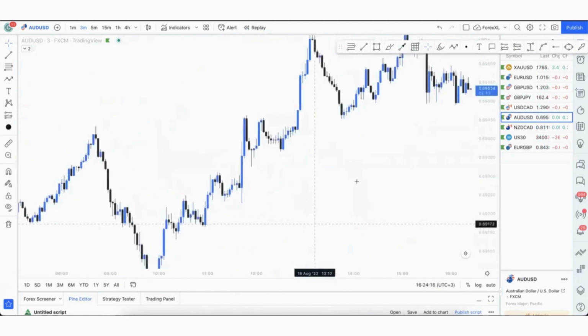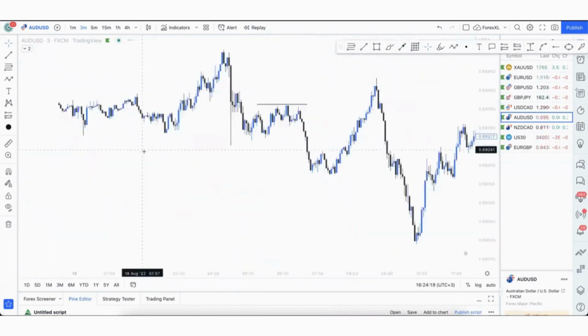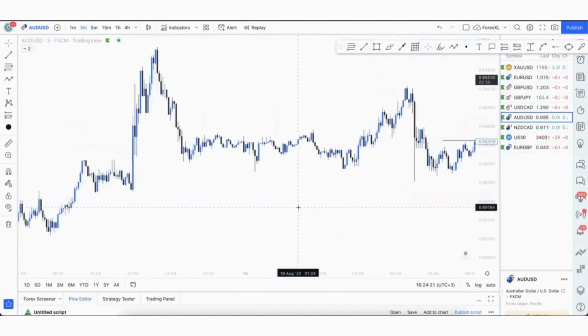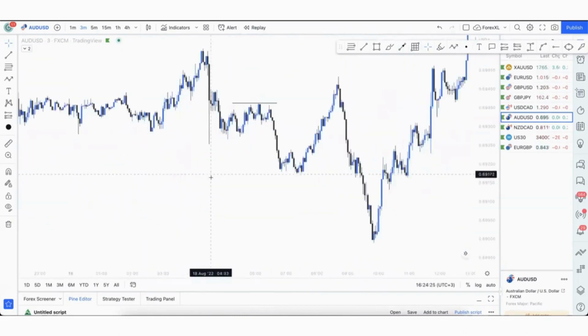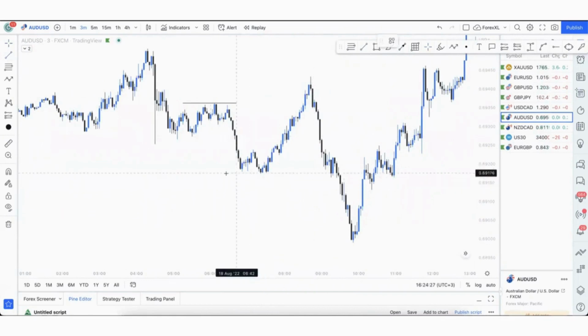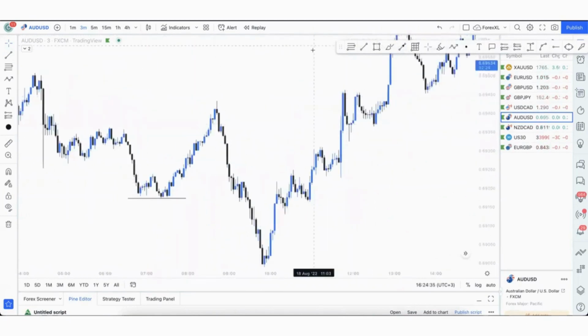Another example is when we see a double bottom like this one. Retail traders assume that if you see the price here, it will go up.